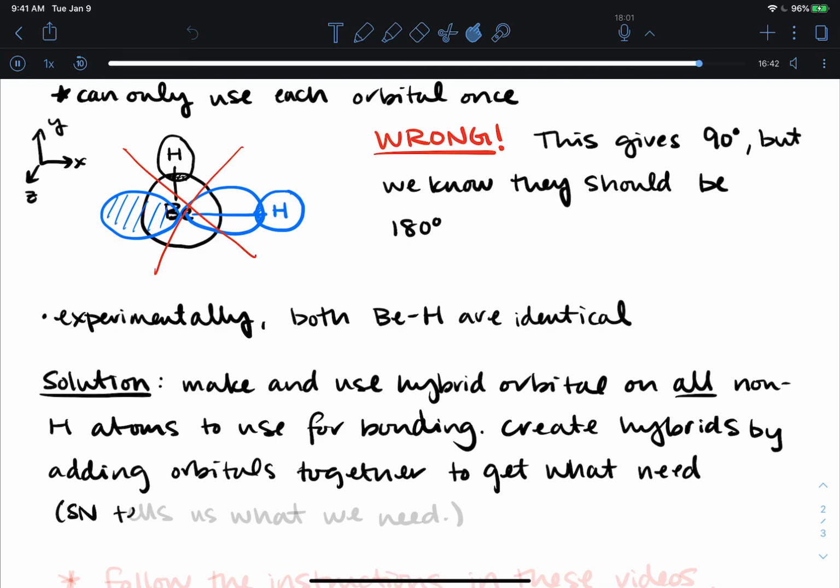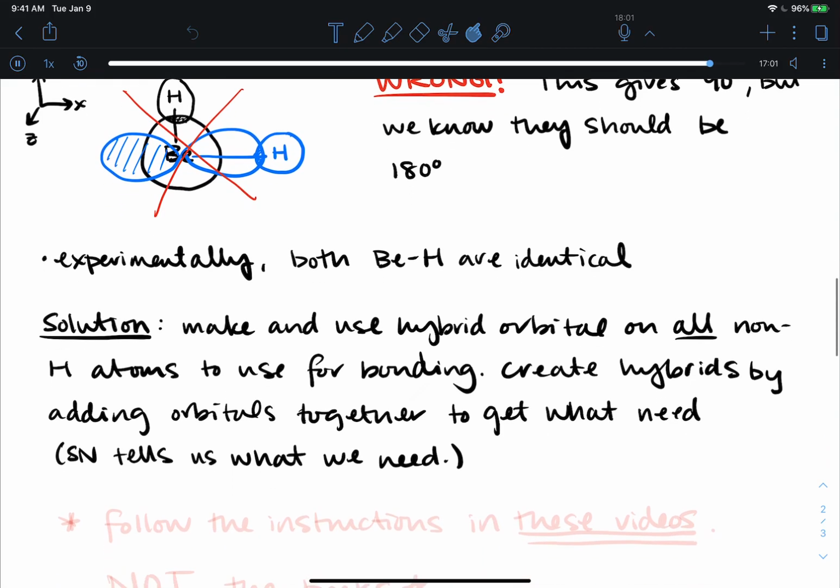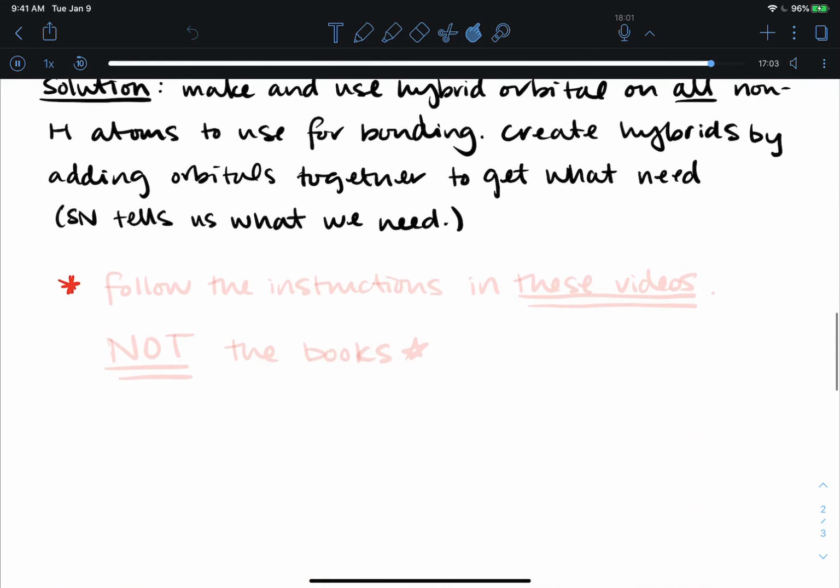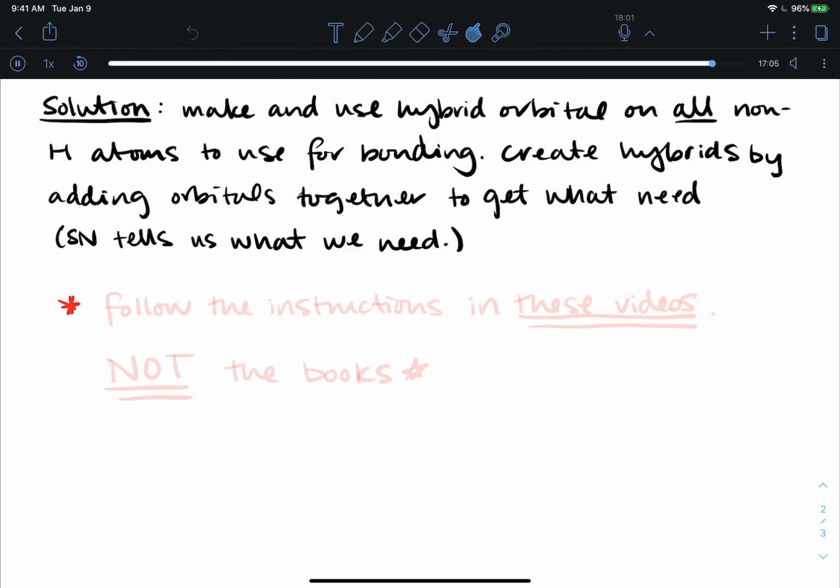And so this is the case where we will start looking at the steric numbers on every single atom. And I'm going to put this in giant red letters. I really mean all non-hydrogen. I really mean every atom for looking at the steric number.